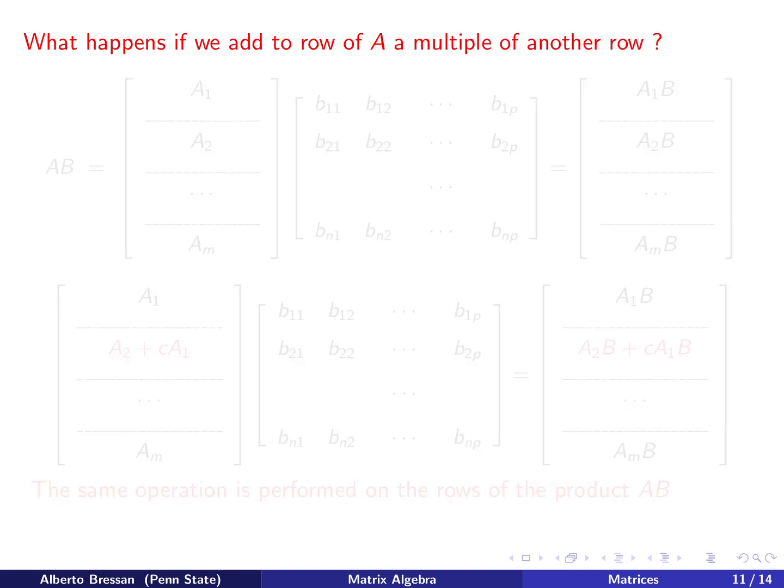Another operation that we talked about earlier is adding to a row a multiple of another row. Let's see what happens here.